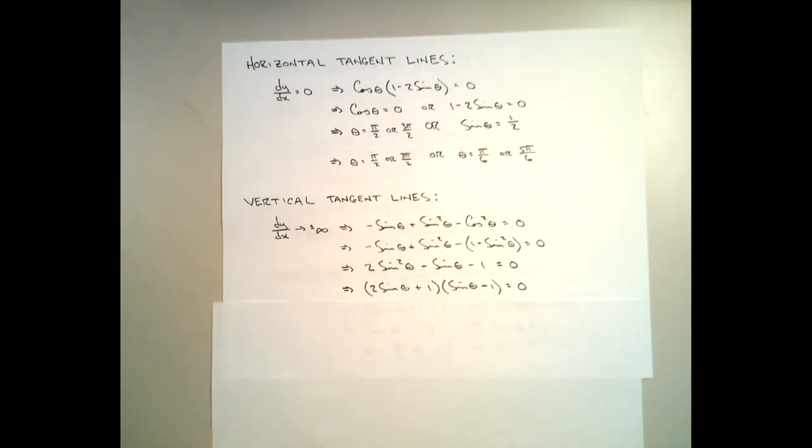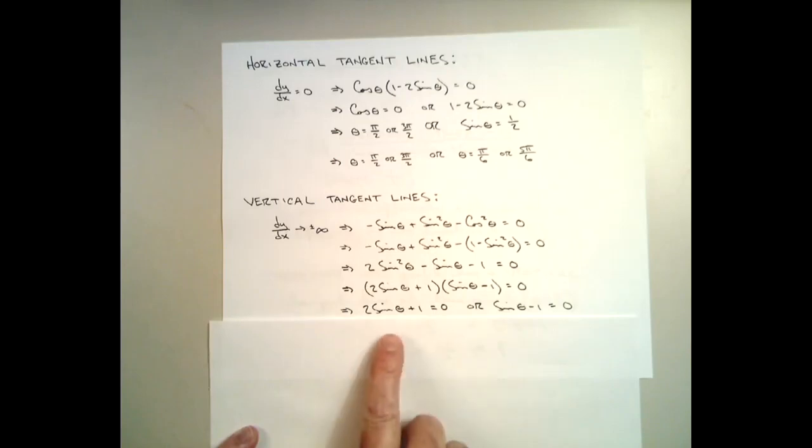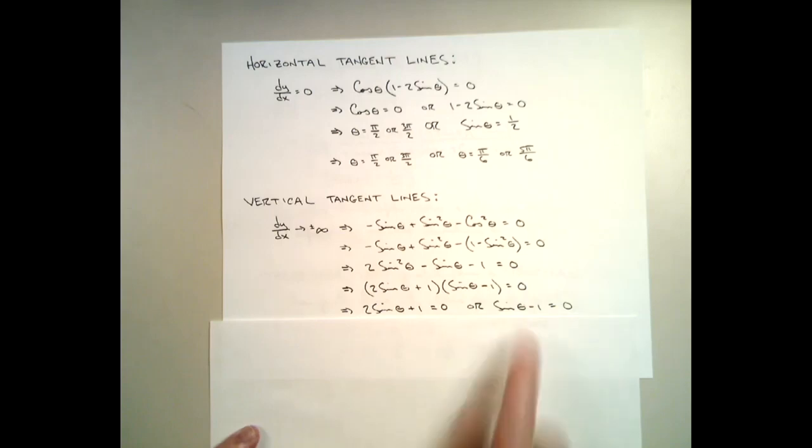I can actually factor the left side as 2 sine theta plus 1 times sine theta minus 1. And so one or the other of those factors has to be 0. And so that tells me that either from here sine theta is -1/2, or from here sine theta is 1.